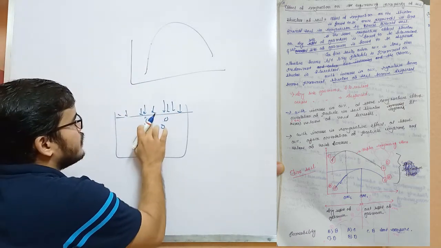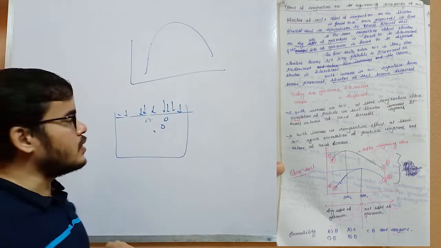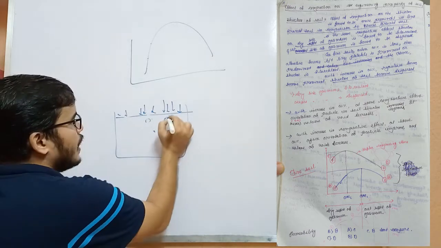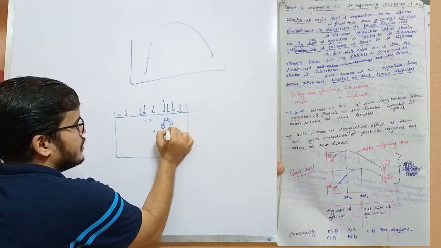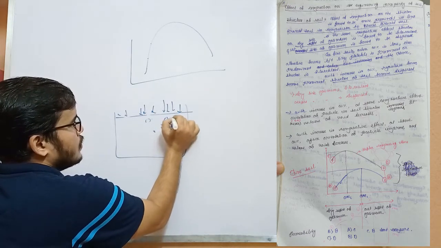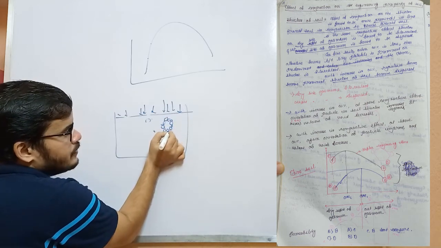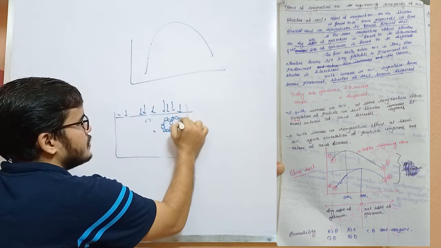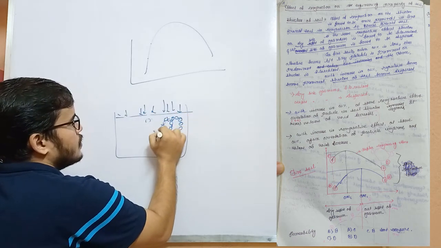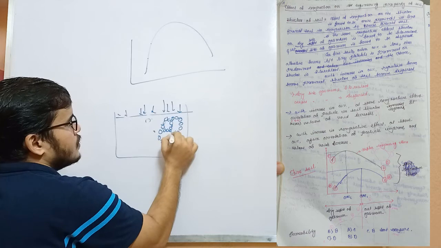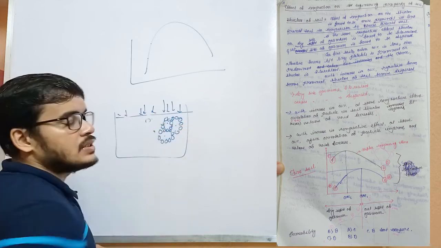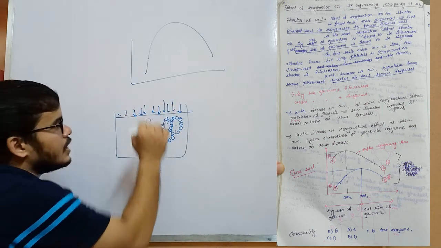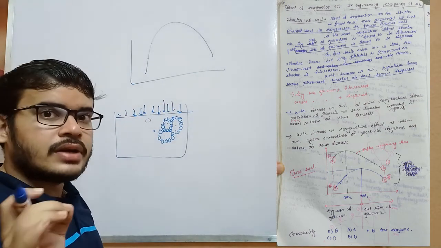Here, if we apply some load, the solids will be stuck with one another due to the frictional resistance, and will form a structure like this. This structure is called flocculent structure, due to the lesser amount of water or dry side.